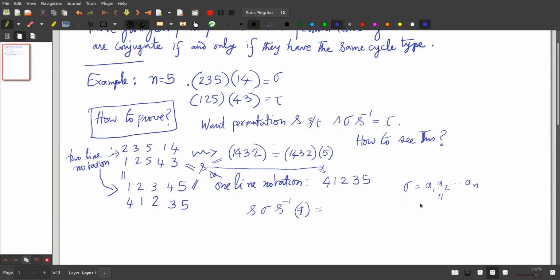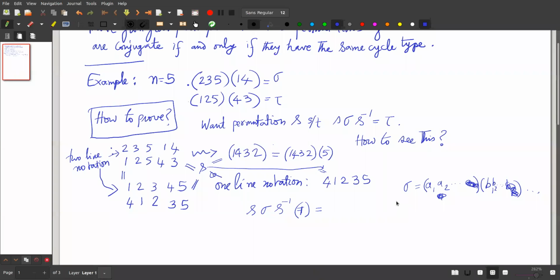So sigma equals the cycle A1, A2, and so on, times the cycle B1, B2, up to BK. Okay, so in cycle notation, sigma is written like this.